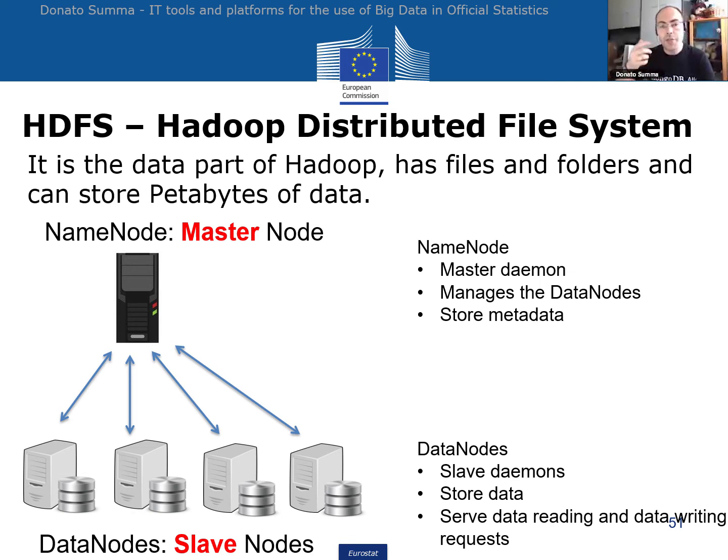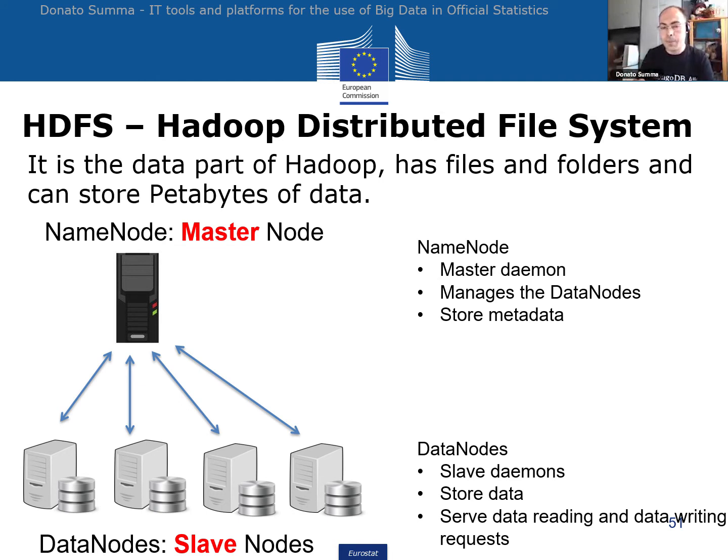In HDFS, we have basically two kinds of nodes: name nodes and data nodes. The name node, also called master node, is the node or the nodes that are responsible to run the so-called master daemon. The master daemon is basically a program, a process running in the background of the computer of the master node, and it manages the data nodes and the metadata.